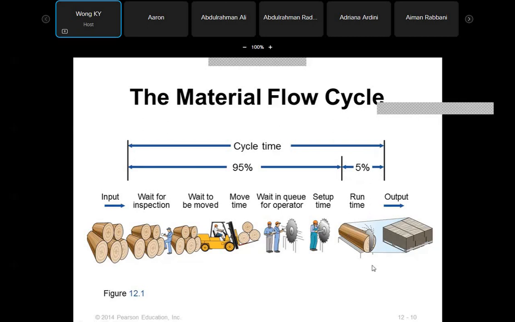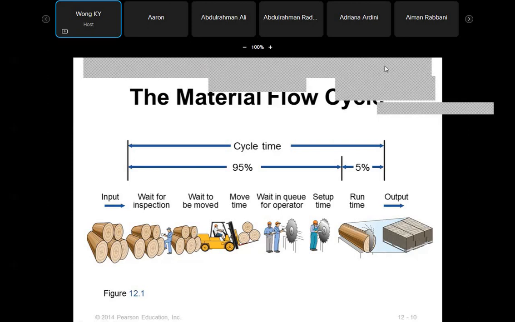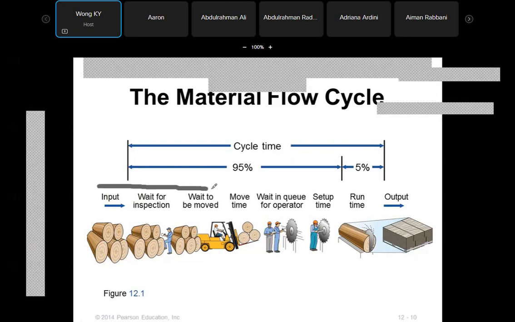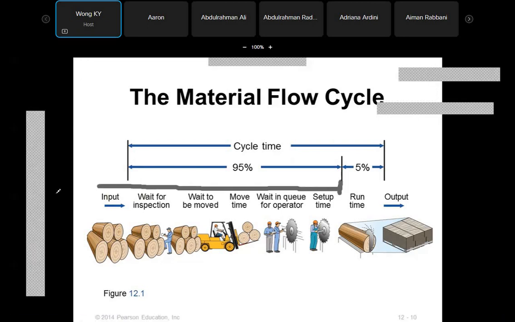Now, if you look at the entire life cycle, only 5% of the time is spent on the real production process, which is the cutting process. The other 95% of the time is actually spent on transporting, checking, coordinating, and managing the inventory. Because from this phase until this phase, the tree trunk is still in the form of raw material.